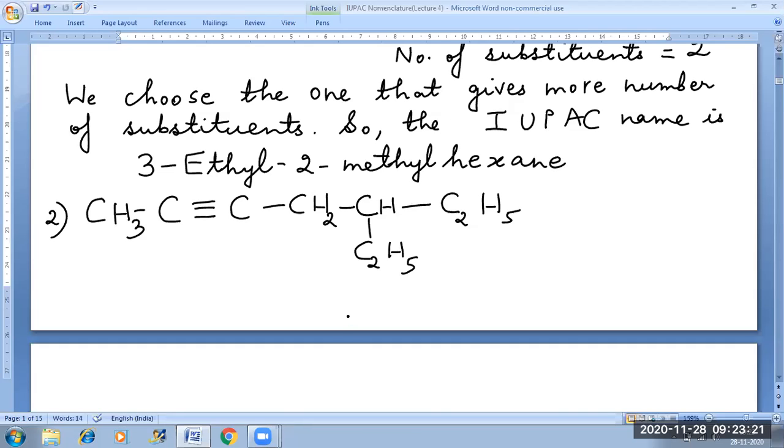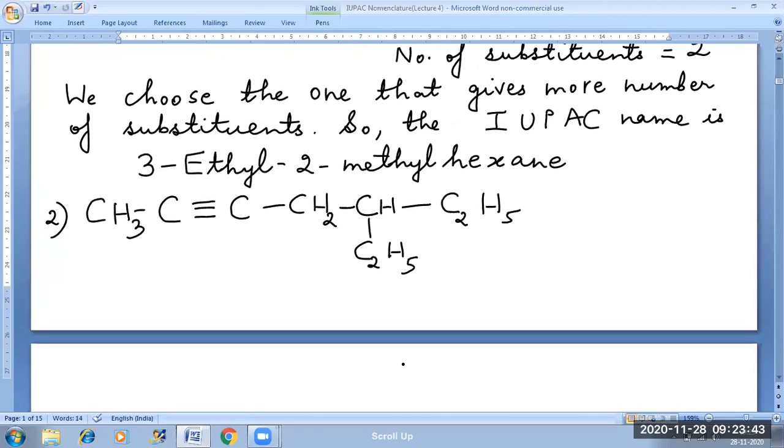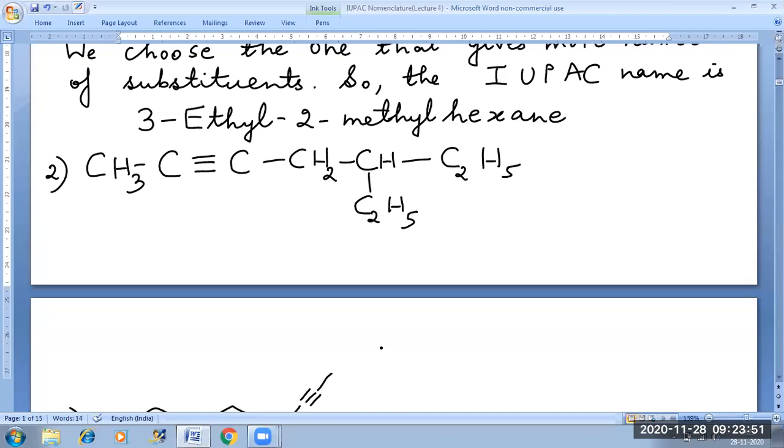Try the second one. Second one is now containing a triple bond. Last time we discussed rules for compounds containing double and triple bonds. So I can combine this.